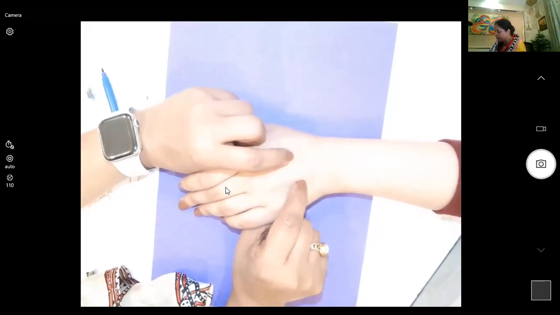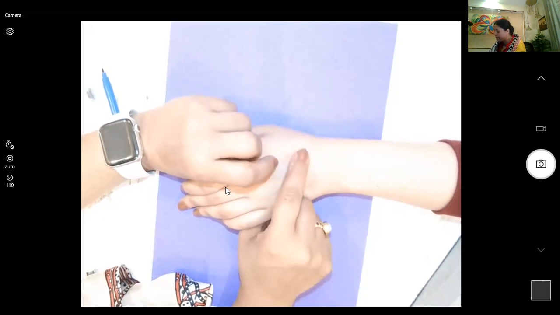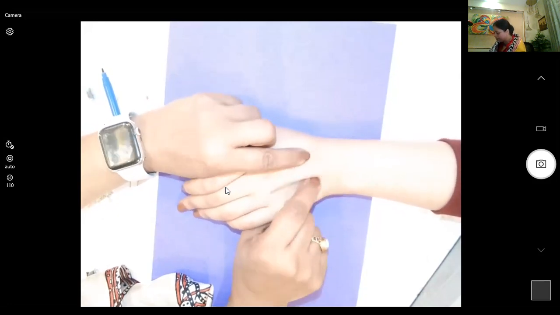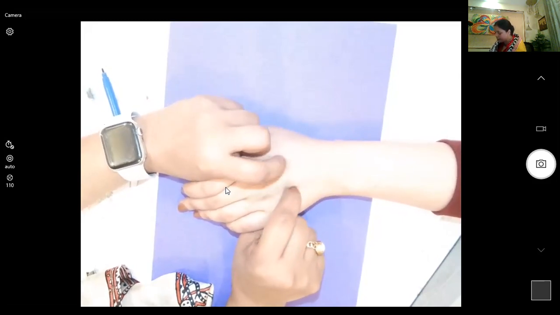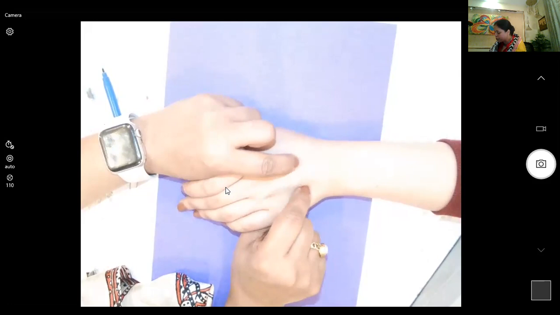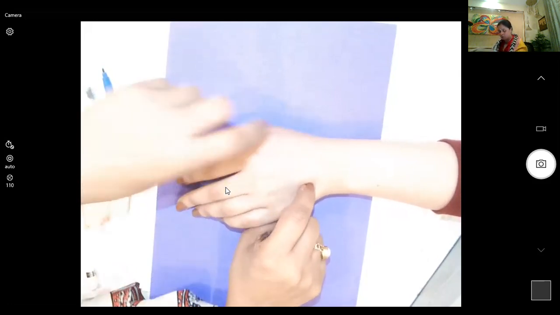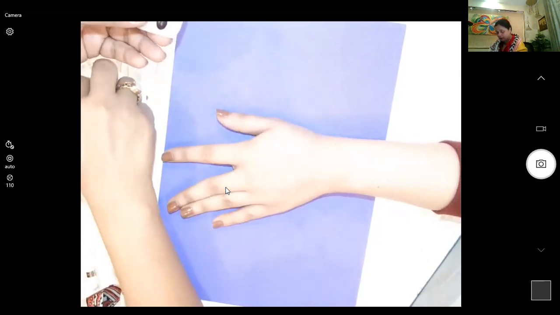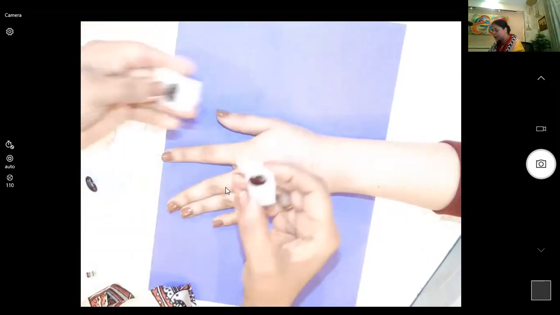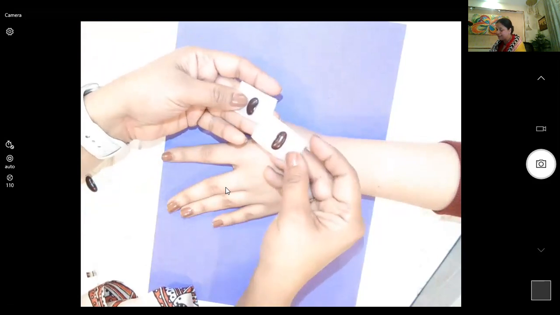Also, above the kidney there are adrenal glands. When we are fixing this kidney bean, it is touching the adrenal gland also. You can see these seeds, kidney beans, are exactly matching your real kidney.